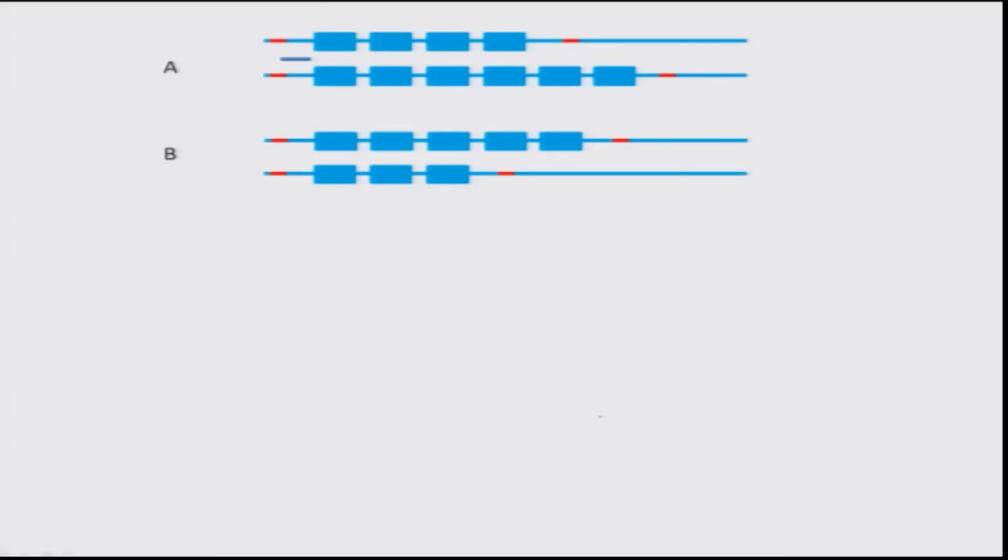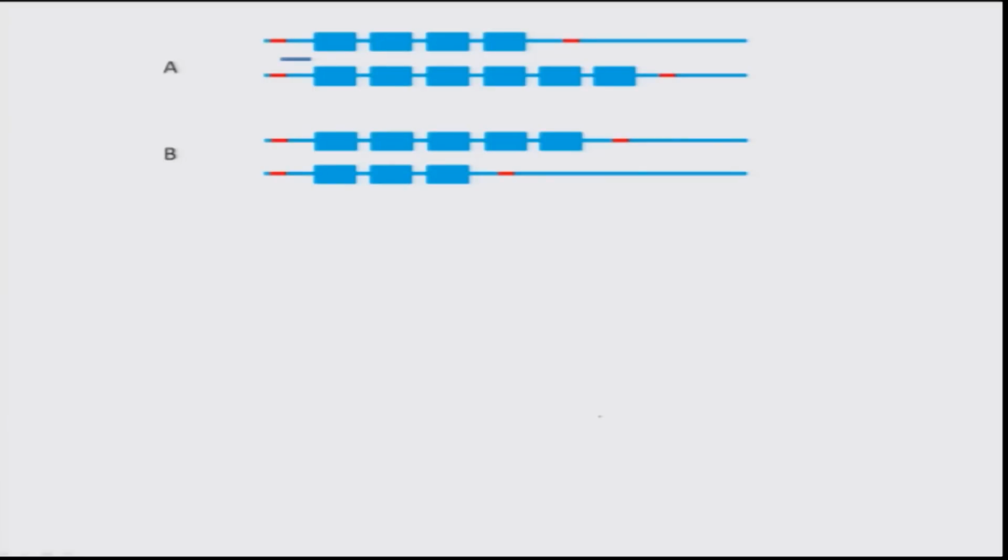Apart from this application, we all have heard about DNA fingerprinting, also called DNA profiling. Now what is the basis of DNA profiling? Like you can see in this diagram that I have drawn, these are gene segments which look pretty similar to each other.